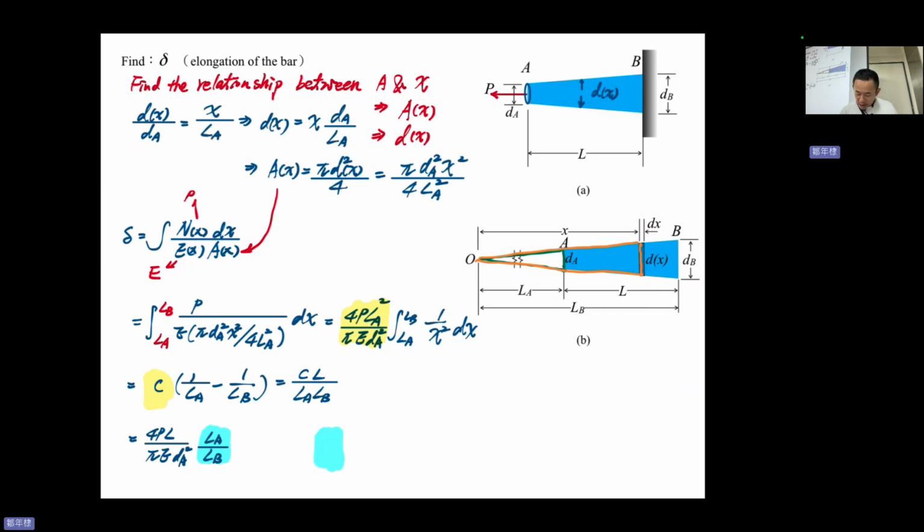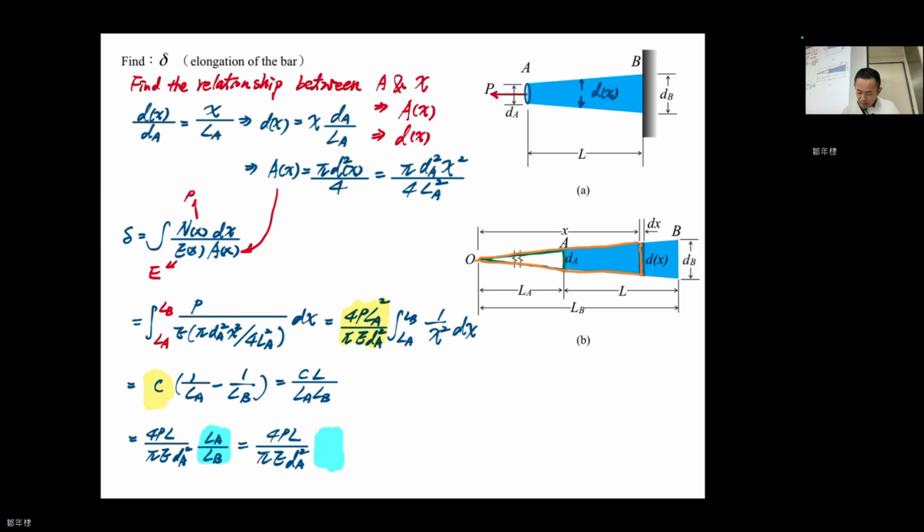And we notice that 4PL divided by pi e dA squared. So what is LA over LB? Again, it's called similar triangle, right? The ratio of LA and LB is equal to dA over dB.